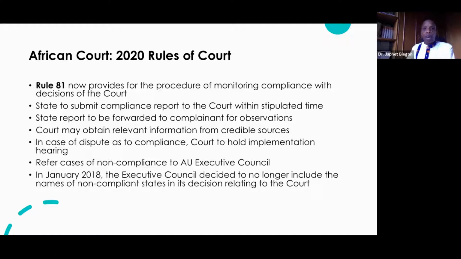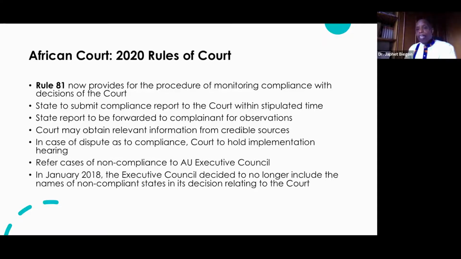Now, Rule 81 gives the state a period of time within which to submit a compliance or implementation report. This report is then forwarded to the complainant for observations. And one crucial aspect in Rule 81 is that the court may also collect and obtain relevant information from credible sources at the national level or even at the regional level.